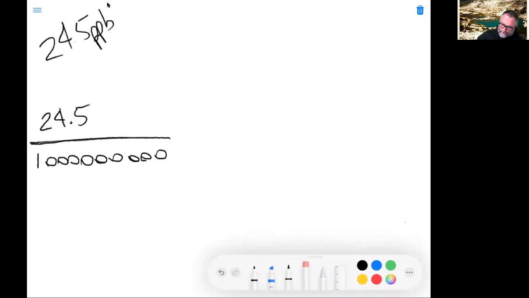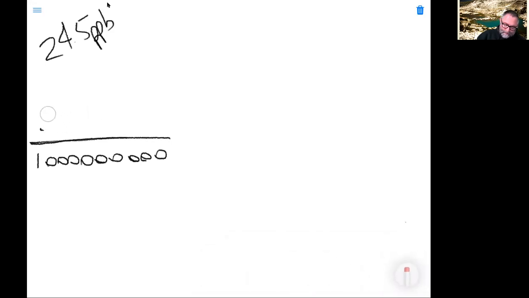And thinking ahead now, I want to move where I wrote that. I want to put that over here, 24.5. Okay, so 24.5 parts per billion written as a percent. You know, I want to get this decimal over to here, right, to make that 100.